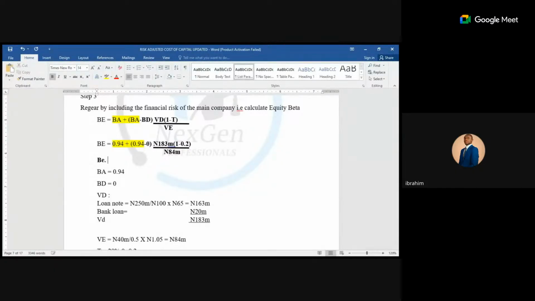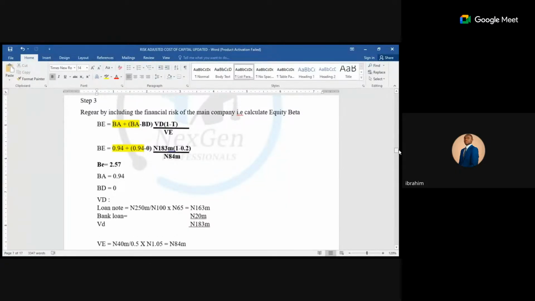Equity beta is equal to 2.5. Is it ordinary 2.5 or 2.5 something? 2.57 or 2.6? Okay, 2.57, right? Now, what is the next step?